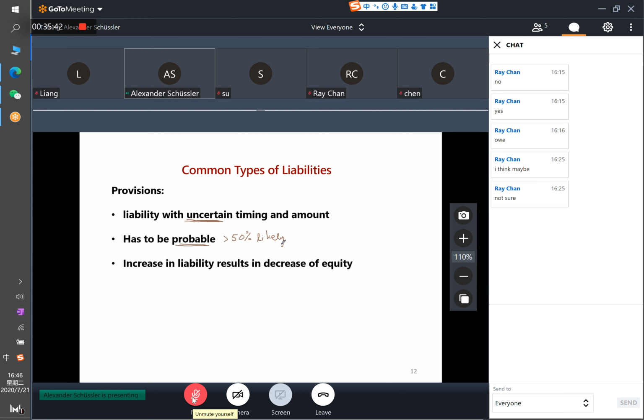One example would be anticipated settlement costs of legal disputes. If you have a legal dispute, think about tobacco companies like Philip Morris or Marlboro. They have legal disputes with the customers.